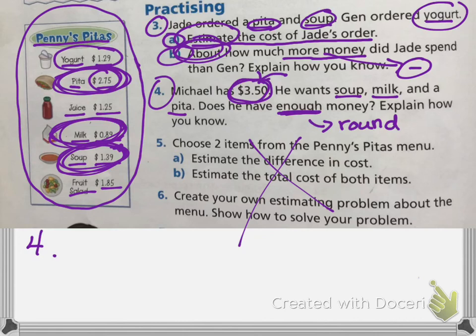So start by figuring out how much money he needs to pay for his lunch. And remember, it is asking about enough, so rounding that. Then your second step, I'm not going to tell you what that is, but start with the first step of figuring out how much money he actually needs to pay for all three things. Good luck on that.